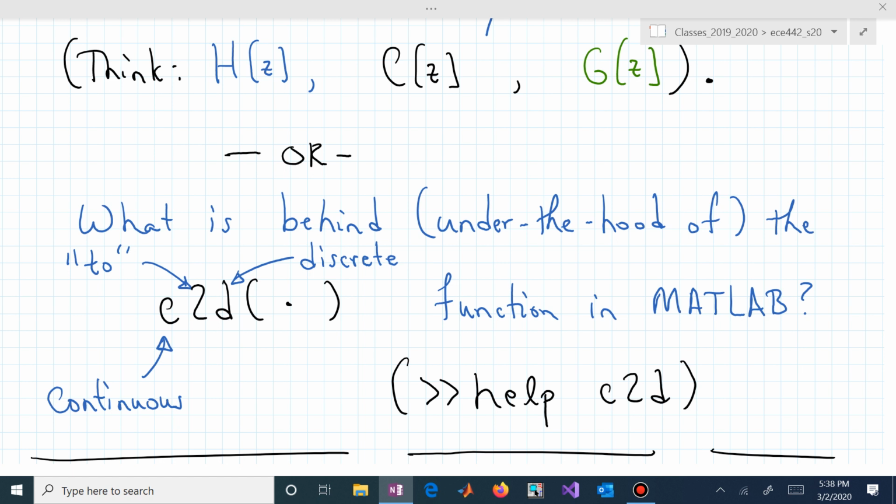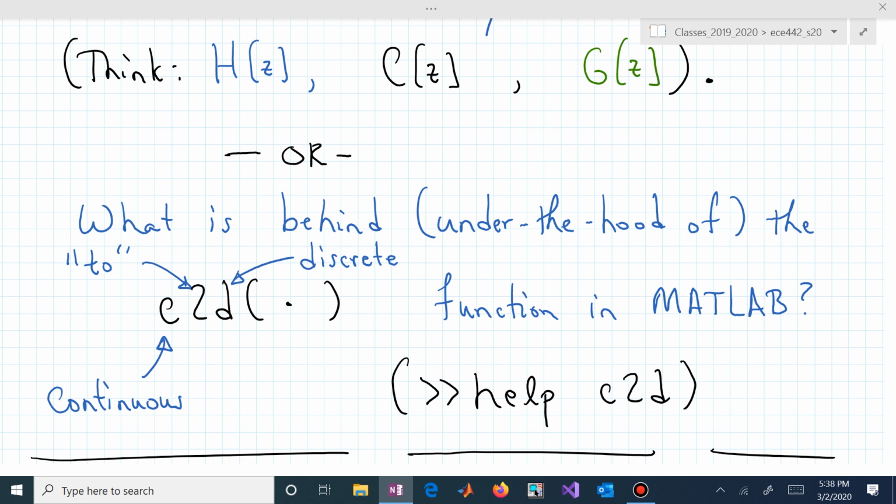You now say matched, or you say Tustin, or you say forward. There are different arguments you could put into that C2D function to tell it to do one of these types of discrete equivalence. If you leave that descriptor out, it by default will perform a zero order hold equivalent.